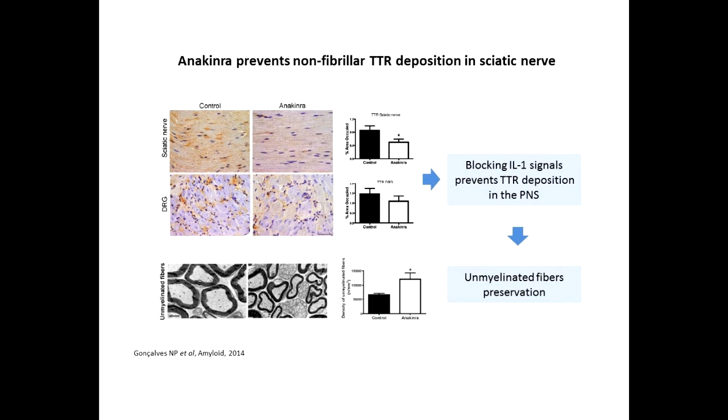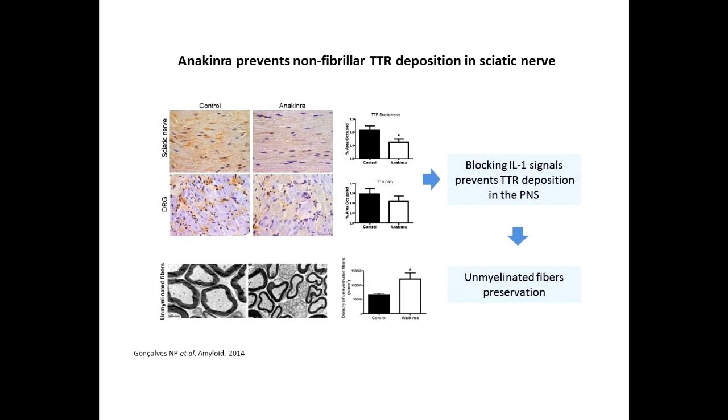After treatment, we treated young mice. We only know this works on young mice. You have the control, you see deposition, no treatment, in sciatic nerve and dorsal root ganglia as well. After treatment with anakinra, we don't have deposition. We don't know, probably we are inhibiting synthesis as well.